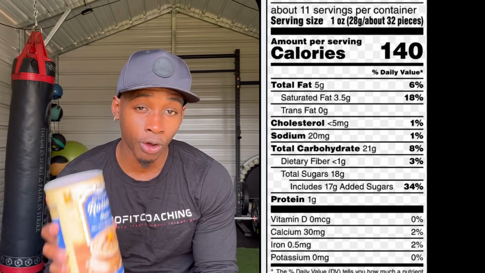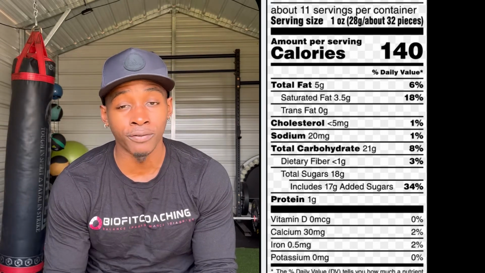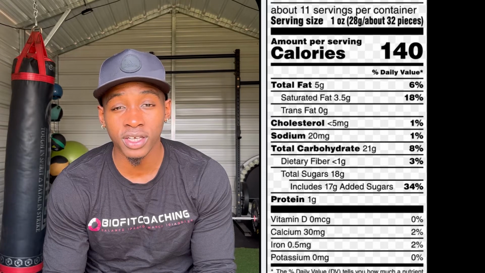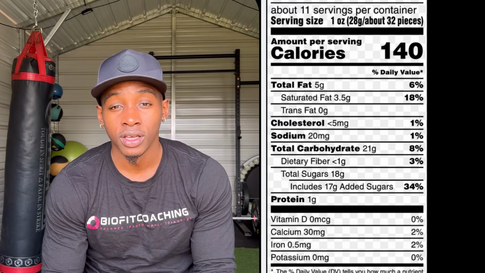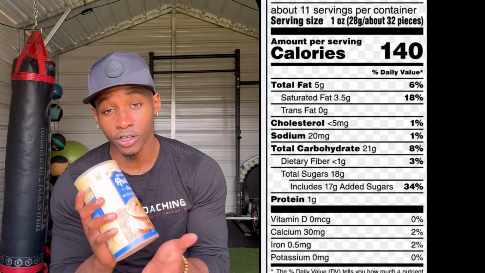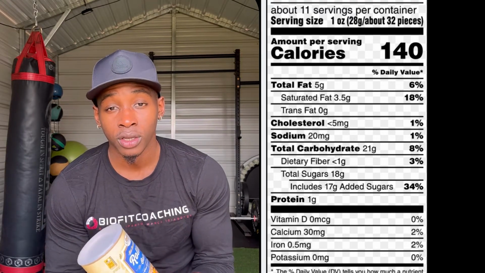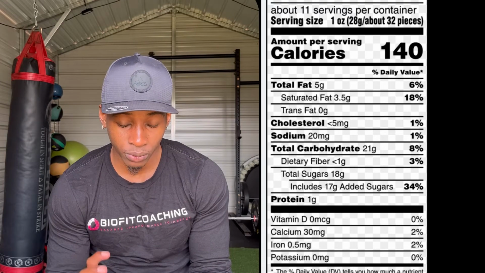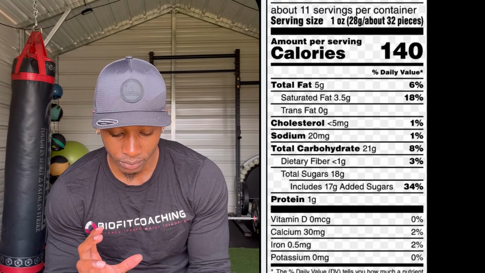But if you eat whole foods, which is your vegetables, your fruits, your grains, your nuts, your legumes, this is ideal. But if you're getting most of your carbs from processed foods, that percentage should be low, especially when it comes to processed food.